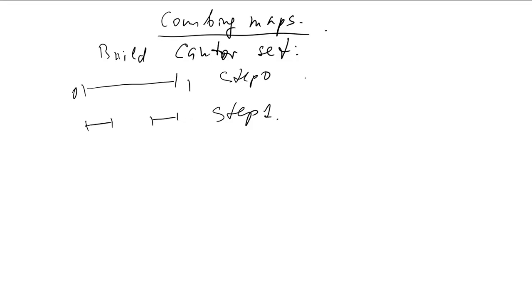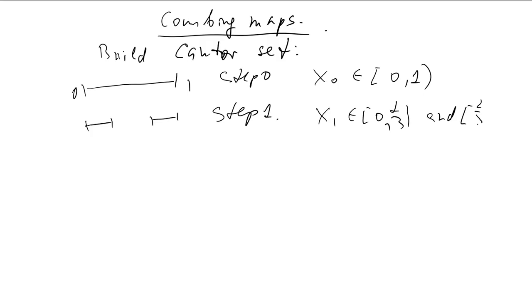So at step 0, this x_0 belongs to the segment 0, 1. At step 1, we have x_1, which belongs to 0, 1/3, and 2/3, 1. How can we build this kind of x_1? We can build x_1 by applying 2 different maps.